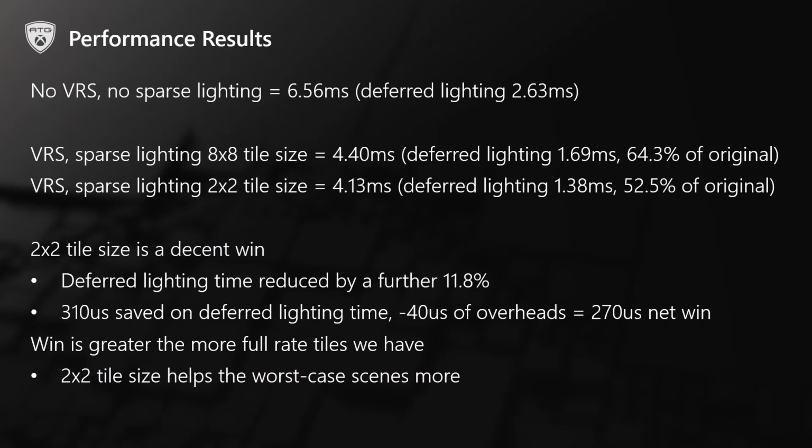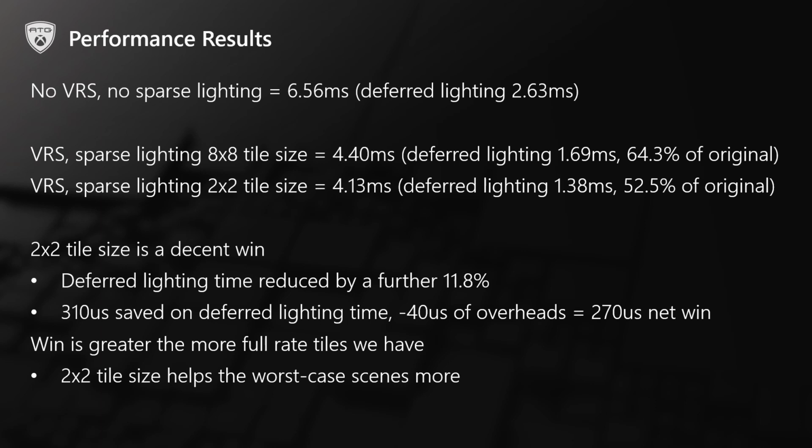So the all-important performance figures, how did we do? If we take that scene with no variable rate shading and no sparse lighting, the entire scene took 6.5 milliseconds to render, of which 2.6 milliseconds was the deferred lighting time.